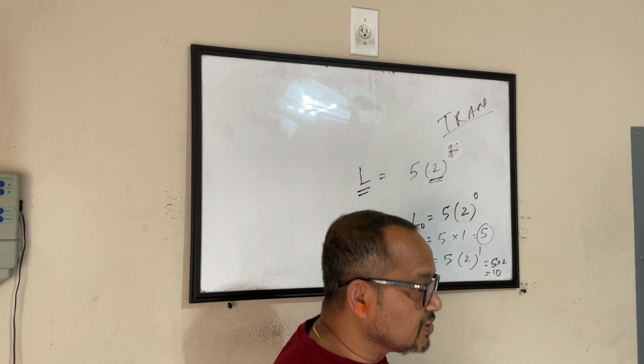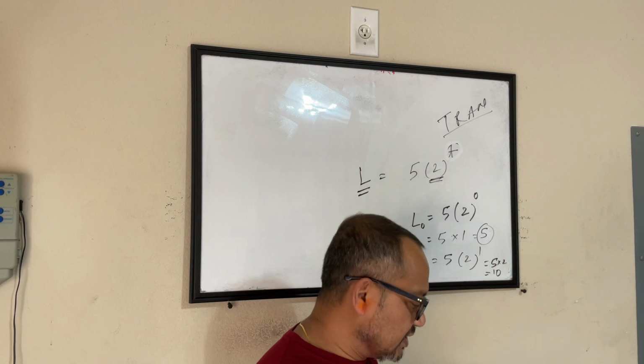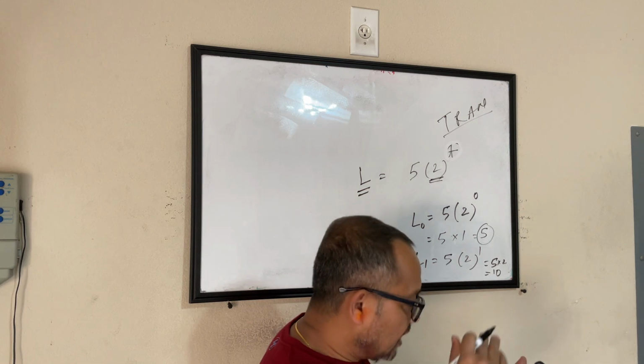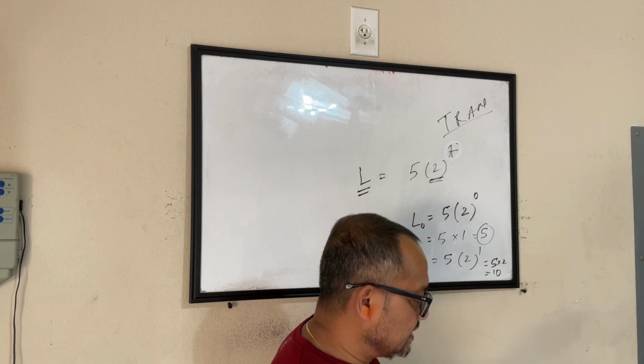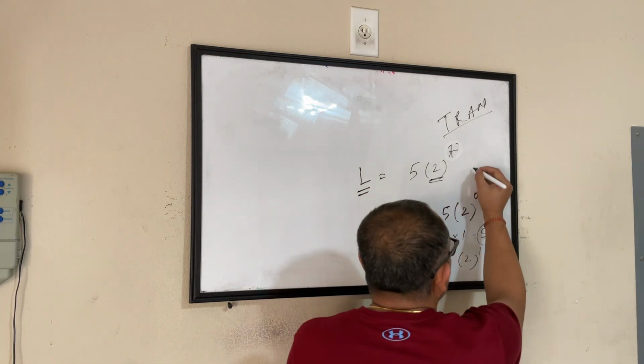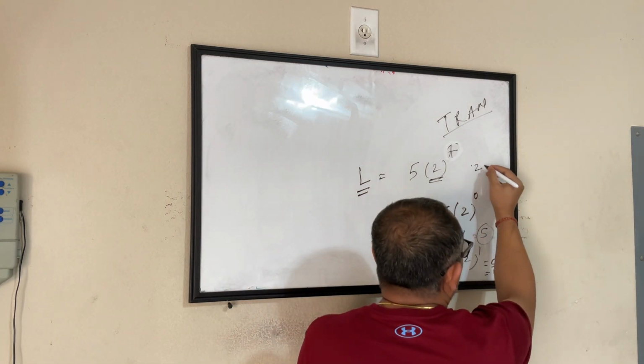Let me read out the options for you. You don't have to really think too much about it. The first one says, initially there were 2 leaves in the plant.